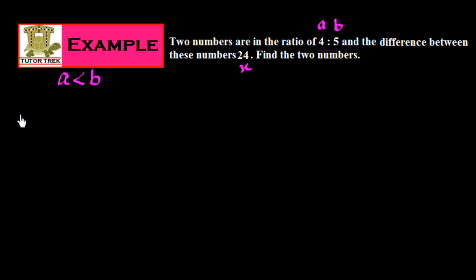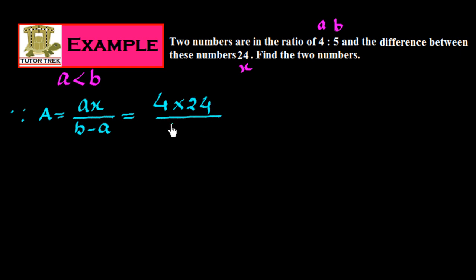We know that if a is smaller than b, then the number a is equal to ax over b minus a. Now we put these values: a is 4, x is 24, and b is 5. So you get 24 times 4, which is 96, and 5 minus 4 is 1.